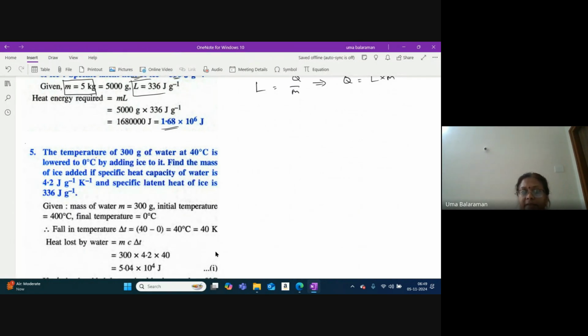Temperature of 300 gram of water at 40 degrees Celsius is lowered to 0 degrees Celsius by adding ice to it. So we have a beaker with 300 gram of water and the temperature is 40 degrees Celsius. And they are adding some ice cubes. As soon as the ice cubes are added, the final temperature is 0 degrees Celsius.